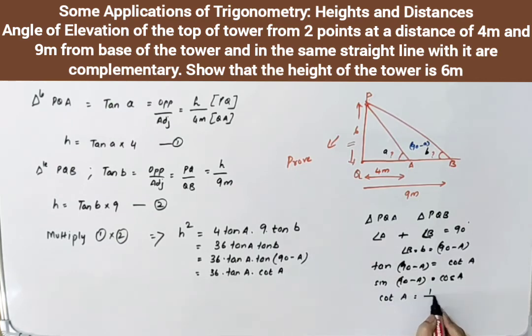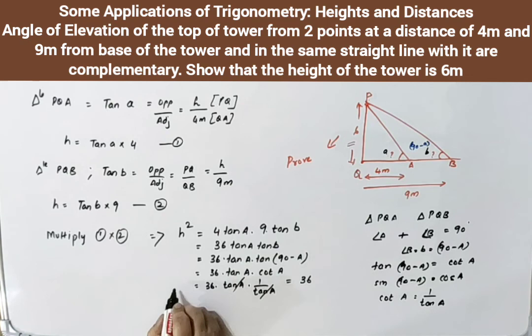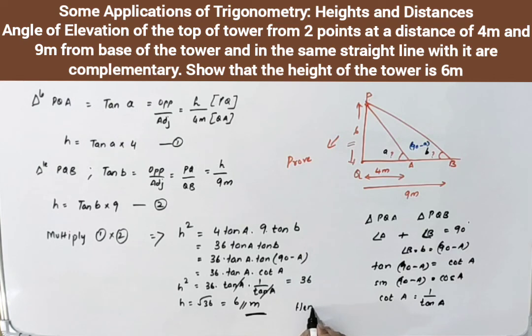Cot A is 1 by tan A. So it is equal to 36 into tan A into 1 by tan A. This is going to get cancelled and we are left with 36. So h square is 36, which means h is square root of 36, which means h is 6. So we proved that h is 6 meters. Hence proved.